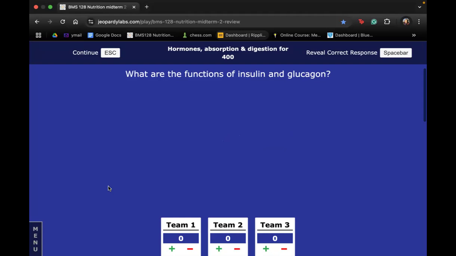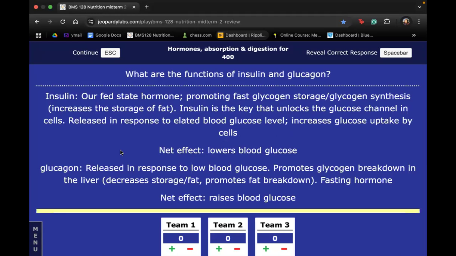Yes. I have a picture. Let me read this part first. In my head, I think of insulin and glucagon like a yin yang pairing of hormones, because they are always in balance with each other. Insulin is also known as our fed state hormone because, like you said, when your blood sugar is high because you just consumed food, insulin is released, which turns the glucose into glycogen to store in our body because we have too much of it.